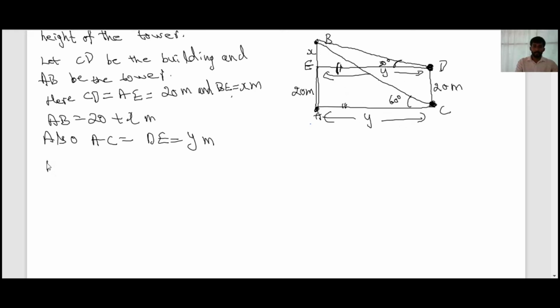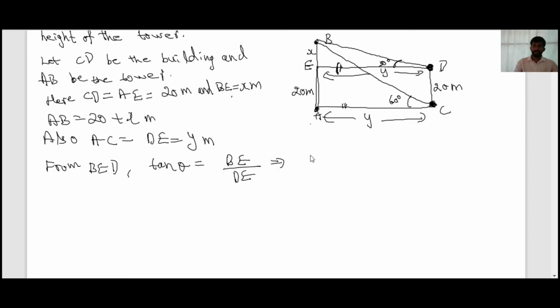Consider triangle BED, that's a right angle triangle. Now see here the opposite length is there as well as the adjacent length, right? Use the formula tan theta. Tan theta is equal to opposite, that is BE, divided by the adjacent. Adjacent side is DE.